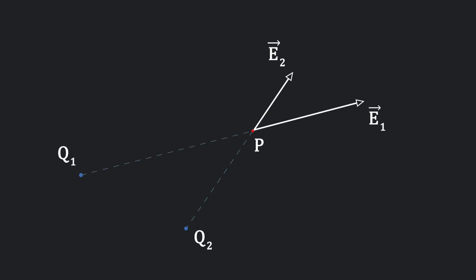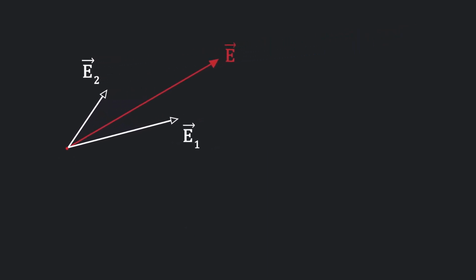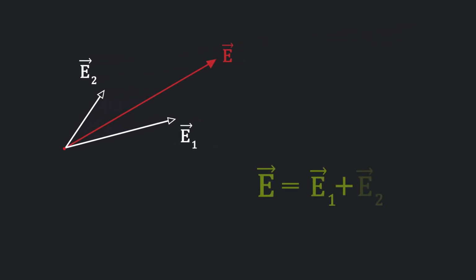Similarly, if only charge Q2 was present, it would generate its own electric field E2. But when both charges are present simultaneously, the total electric field at point P, let's call it E, is obtained by summing up E1 and E2. That is, E is equal to E1 plus E2.